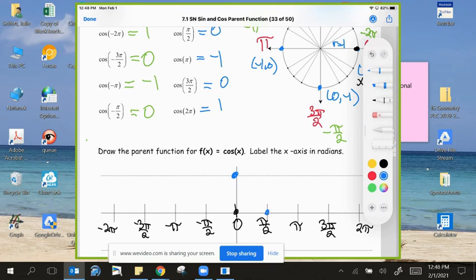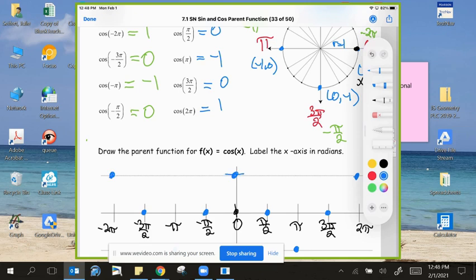Cosine pi over 2 is 0. Cosine pi is negative 1. Cosine 3 pi over 2 is 0. Cosine 2 pi is 1. And there's one of our cycles. Going backwards, cosine negative pi over 2 is 0. Cosine of negative pi is negative 1. Cosine negative 3 pi over 2 is 0. And cosine negative 2 pi is 1.